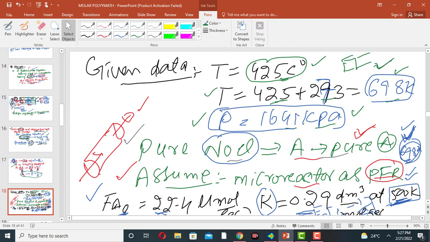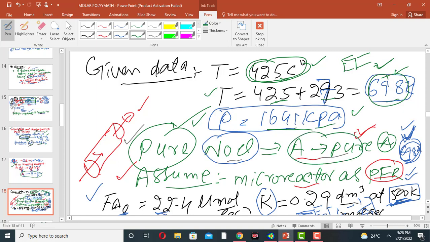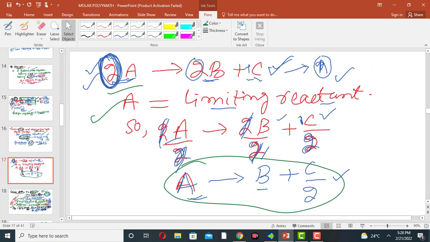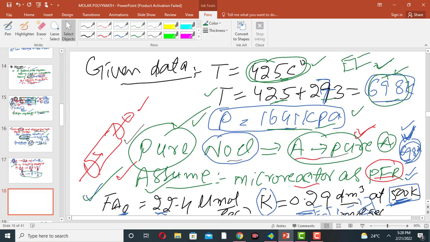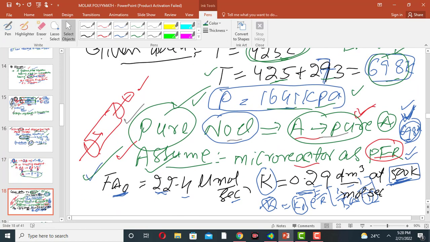The given data was also given to us. The temperature was 698 and the pressure was 1641. Our nitrosyl chloride was converted into NO and chlorine. FA0 was given to us as 22.4 micromole per second, and the rate constant was also given at 500 Kelvin.